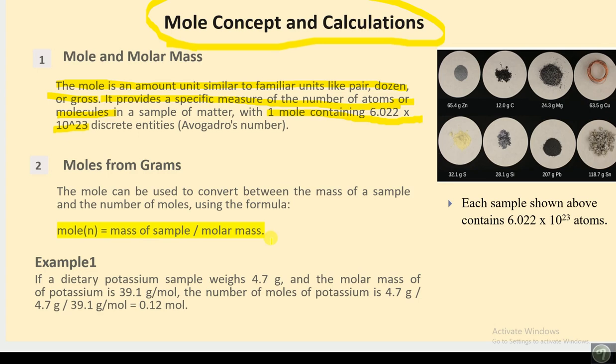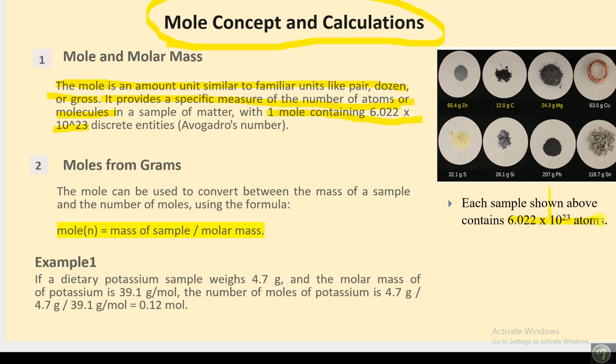Look, as you say, if the given mass is 65.4 gram of zinc, or 12 gram of carbon, or 24.3 gram of magnesium, and we are asked to find the mole, this number has to be divided by the molar mass of zinc. So 65.4 divided by 65.4 gives me 1. 1 mole means this many atoms.